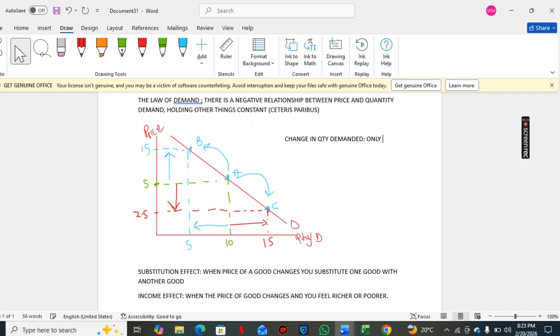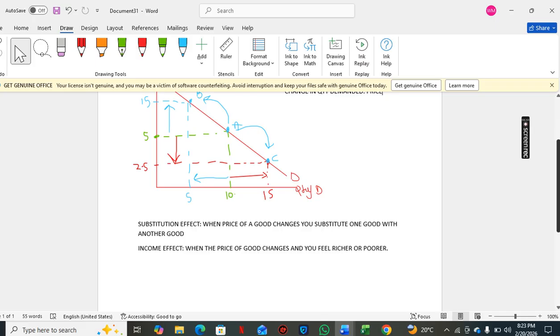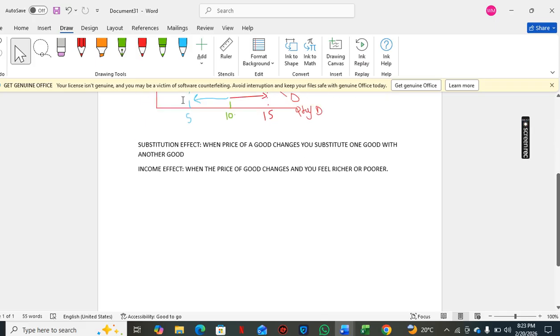And this is only caused by price. Price is the factor that will change how much of a good you buy, when we're talking about change in quantity demanded. Okay. The next aspect is change in demand, which now will be illustrated like this on the graph.